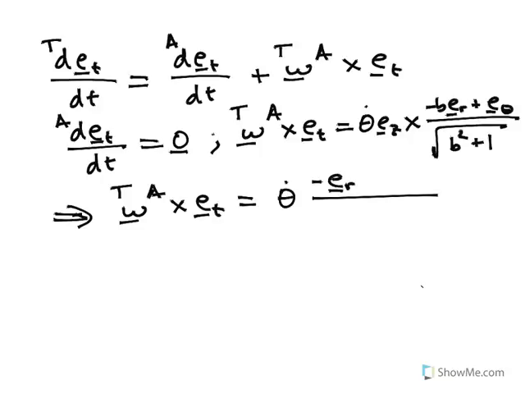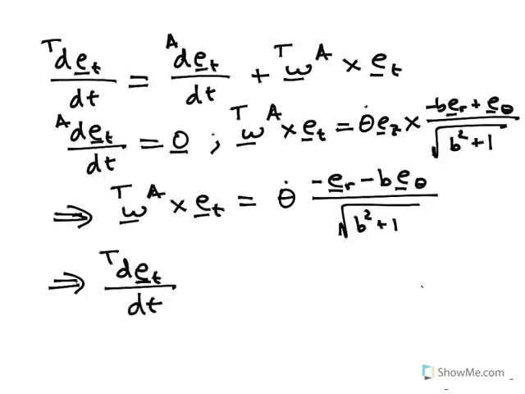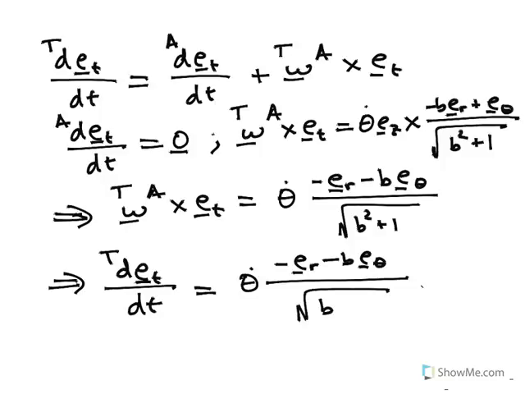So I get minus ER, and when I flip the order, minus B times E theta, all divided by the square root of B squared plus 1. That tells me that the rate of change of the tangent vector as viewed by an observer fixed to the track is equal to theta dot times minus ER minus B E theta, all divided by the square root of B squared plus 1.